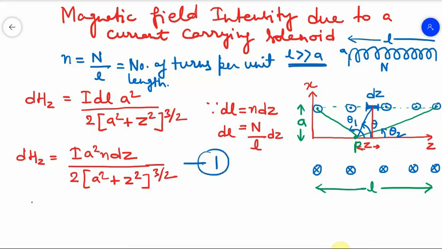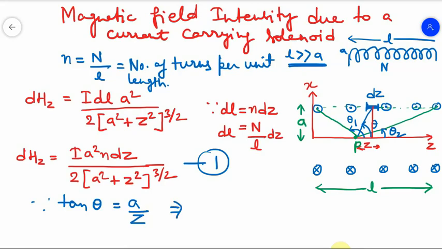Now, what is tan theta here? In this triangle, tan theta will be perpendicular upon base. The perpendicular is a, since this height is similar to this height, and upon z. So tan theta equals a upon z.